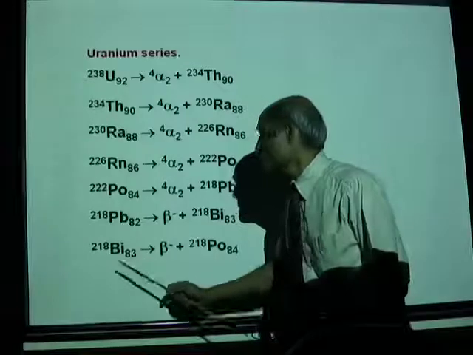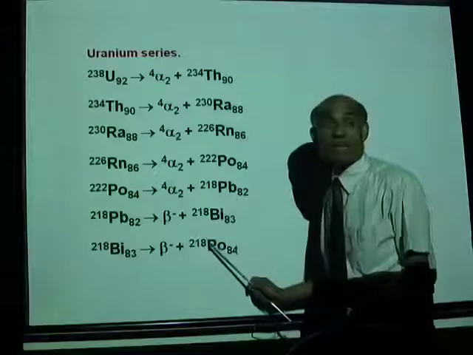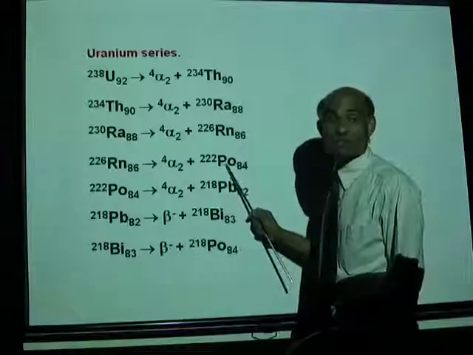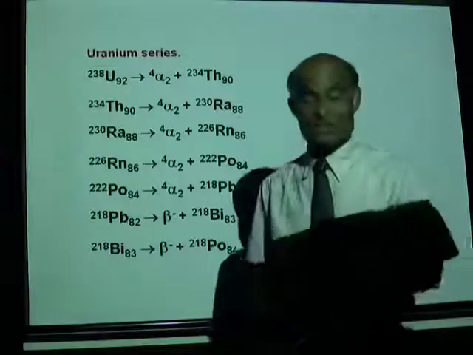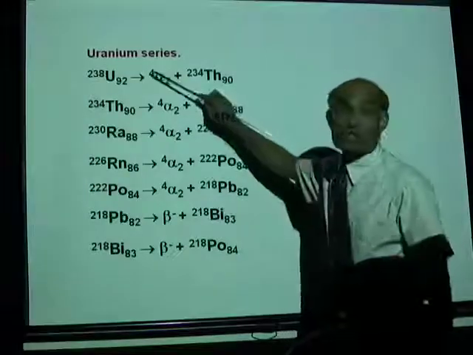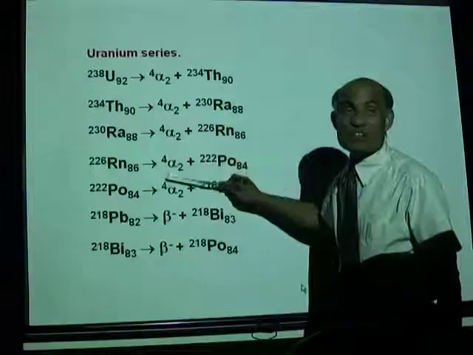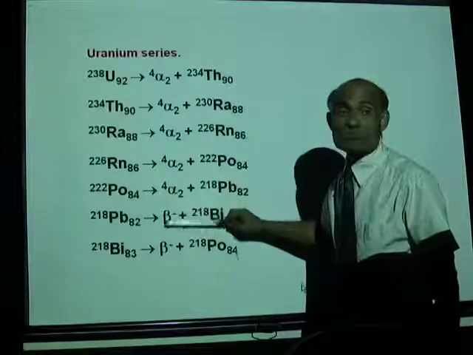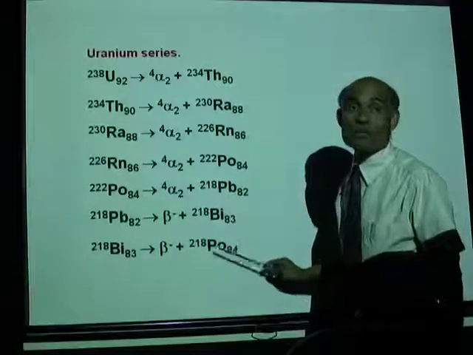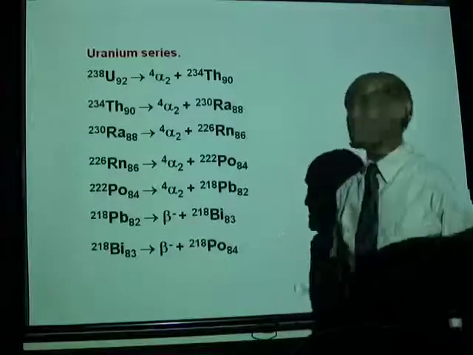Bismuth-83-218 emits a negative beta and becomes another isotope of polonium. Look at this. Earlier we saw an isotope of polonium. This is another isotope of polonium. So now we have the original uranium sample that emitted 5 successive alpha radiations and 2 beta radiations, and the resulting daughter is now an isotope of polonium, polonium-218.